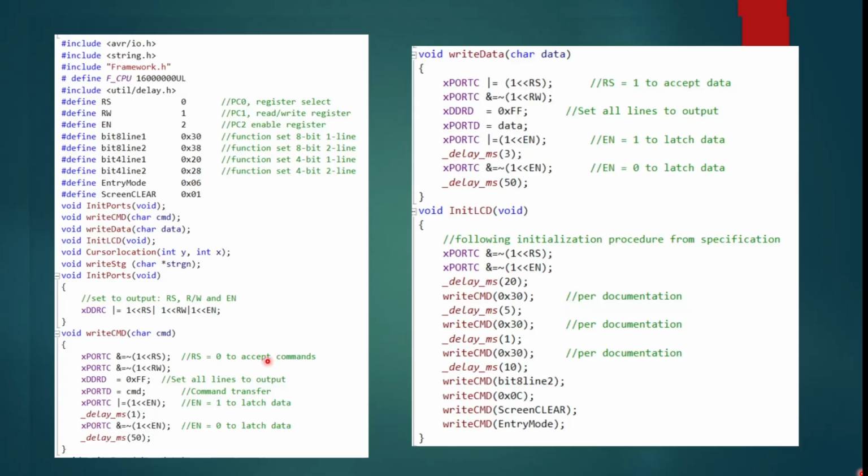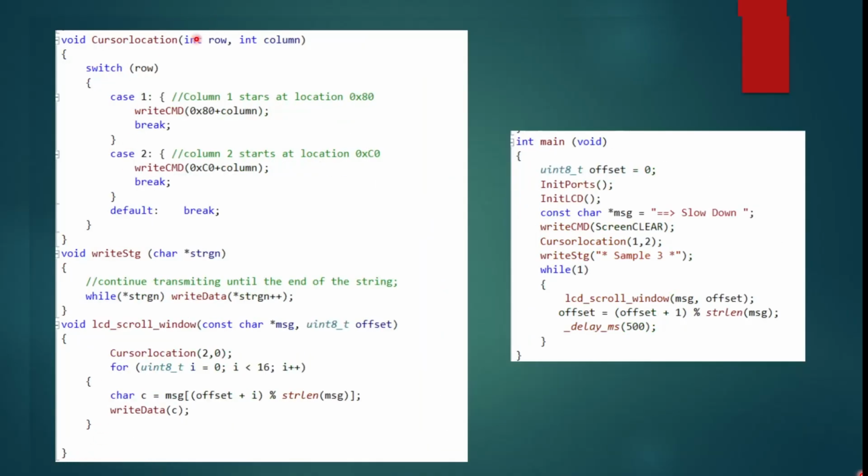This is the same code that we looked at before, but I've added the routine needed to do the scrolling. We initialize the port, we have a routine to write commands, a routine to write data, and a routine to initialize the LCD. Next, we have the cursor location and the write message.